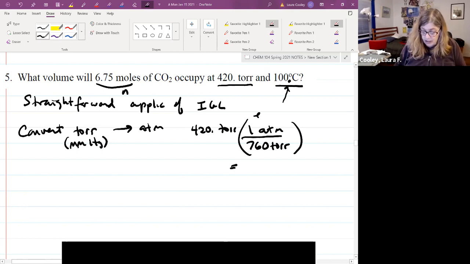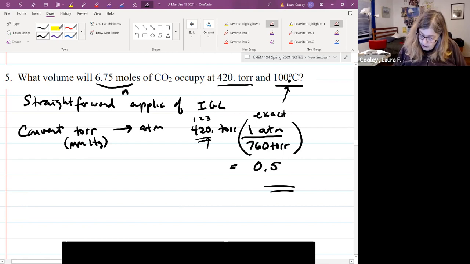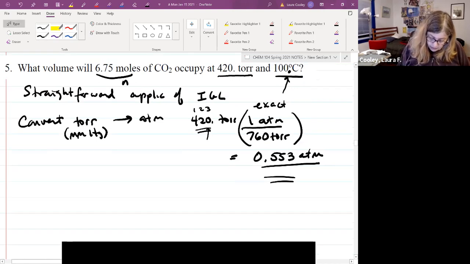This is considered exact. So whatever sig figs you have here, that's what you're going to have here. And you have 3 sig figs, the 0 counts because there's a decimal point in the number, and this is 0.553 atmospheres, and that's what we're going to use in the equation.